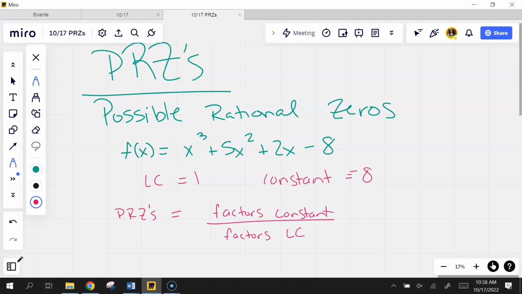So if I look at this example, we said the leading coefficient is 1, the constant is 8. What are the factors of 1? Negative 1, yes. Two negative 1s together will give you positive 1.